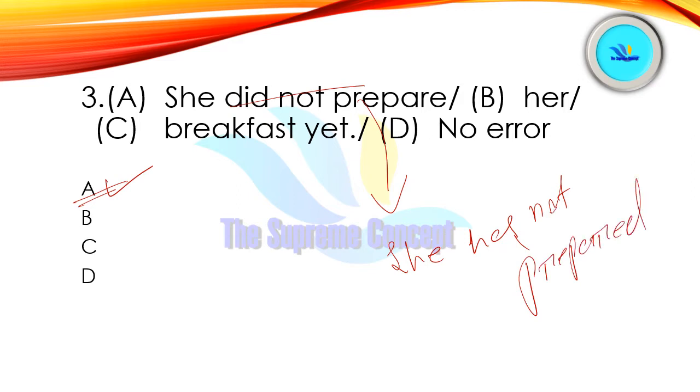The present perfect tense will be used in the negative. Because here "yet" is generally used in the present perfect tense, it indicates that this sentence should be framed in the perfect tense. So we cannot use simple past here. So let us move on.